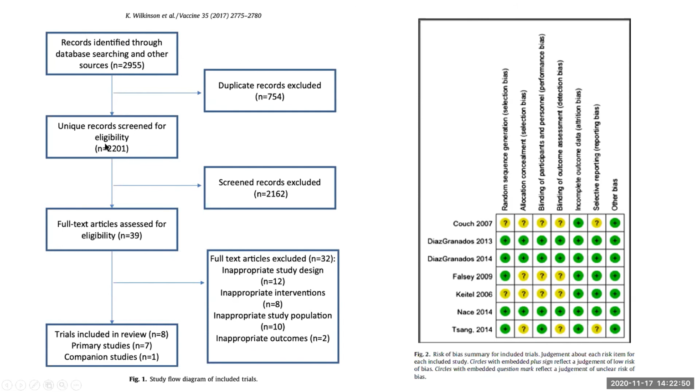Deduplicated, we get down to 2,200, but then screening 2,200 titles and abstracts only got them 39 articles that they actually read the full text of. Because think about it, in these results, there's reviews, there's editorials, there's case reports, there's so many things that are not being included that you're just saying no, no, no to.